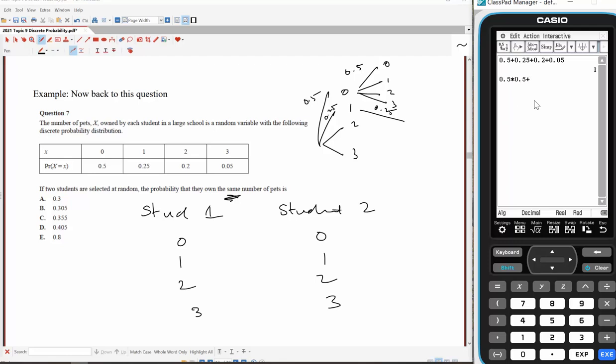Well, it's probably faster. I could do it by hand. 0.25 times 0.25. 0.2 times 0.2, 0.05 times 0.05. Alright, that's a good sign.